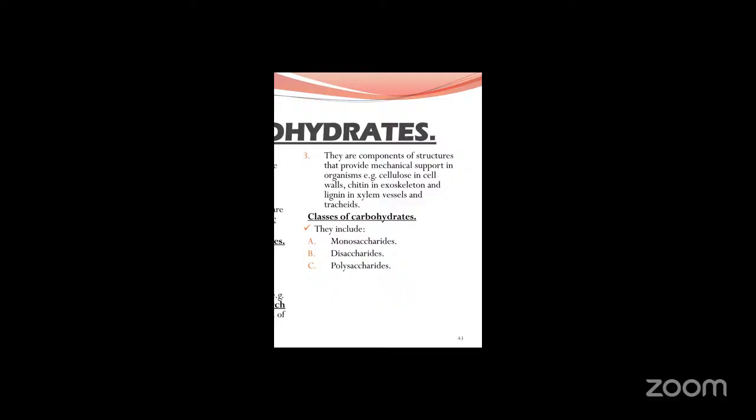So therefore, hapa ndio maana tunasema that carbohydrates are components of structures that provide mechanical support in organisms. For example, we have cellulose in cell walls, chitin in the exoskeleton, and lignin in xylem. We are going to see the types of carbohydrates that are used to provide mechanical support to organisms.